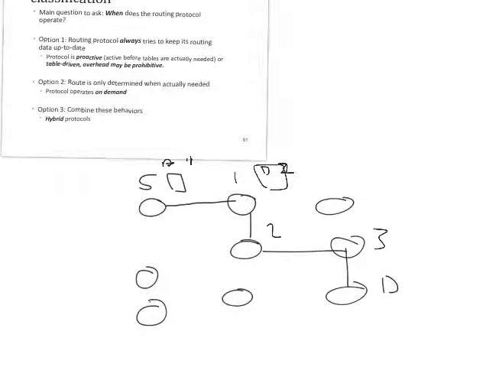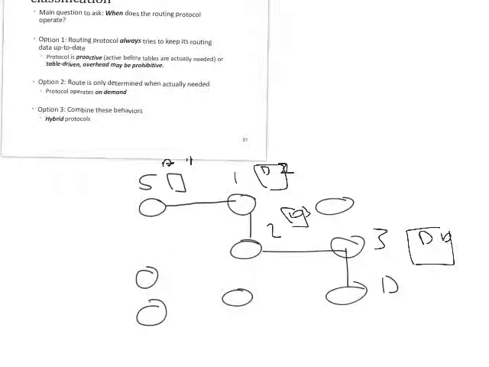This node will have a routing table that says D 3, and so on. Sorry, the pen is not helping. So anyway, this node will have D, D. So if I want to send to D, just forward it to D because D is directly connected. So that's how the route is established end to end, right?